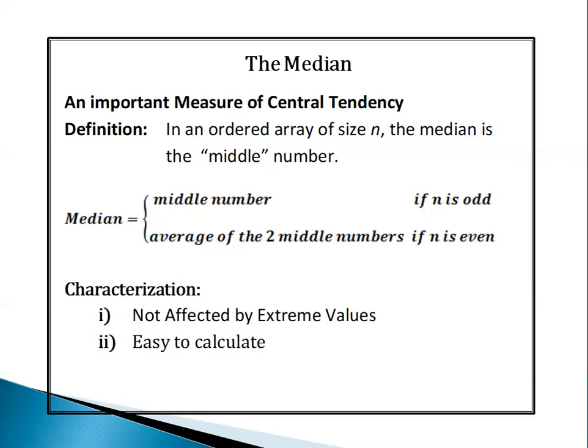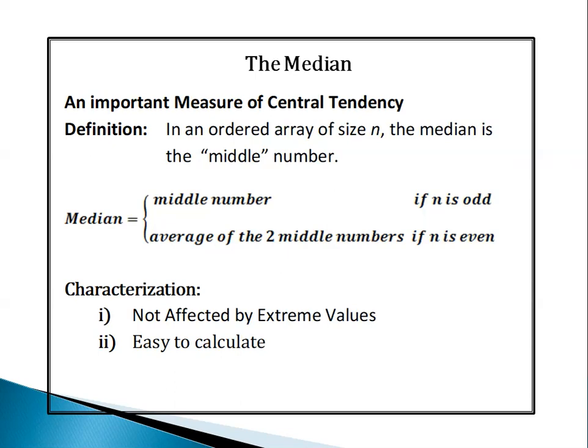Now the next is the median. It is an important measure of central tendency where, in the ordered array of sample size n, the median is the middle number. If the data count is odd, the middle number is present and that is called the median.